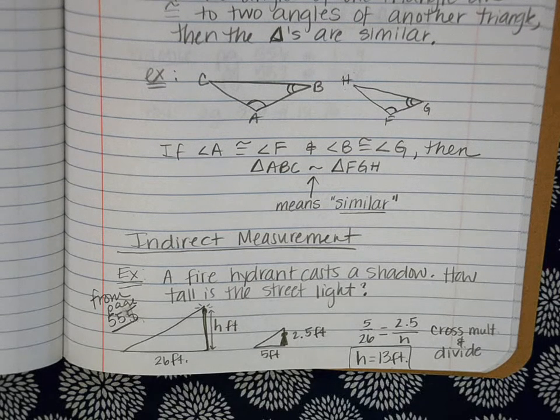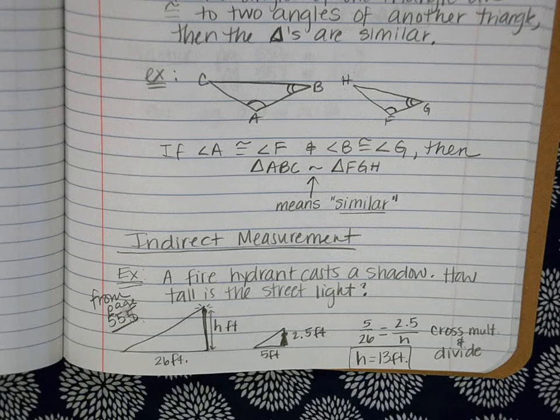So you do have to know the math behind it, which is the cross multiply and divide. I'm not going to spend a lot of time teaching you to cross multiply and divide, because I know you did that in 6th and 7th grade quite a bit. If you're not sure how, just come up and ask me later.